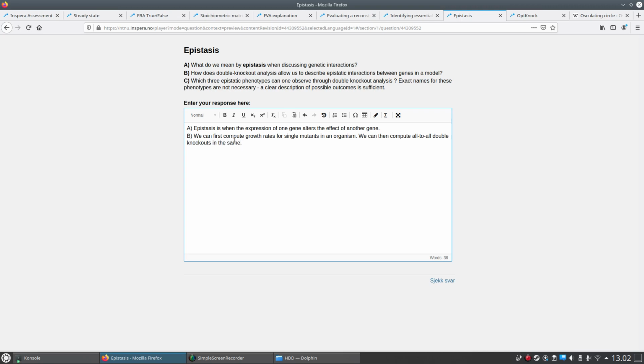And then essentially what we can do is we can compare the resulting growth rates for double mutants, relative to wild type, to the product of growth rates for single mutants.